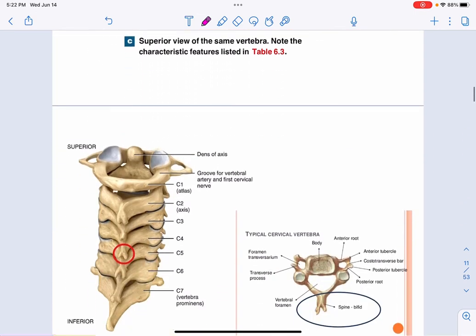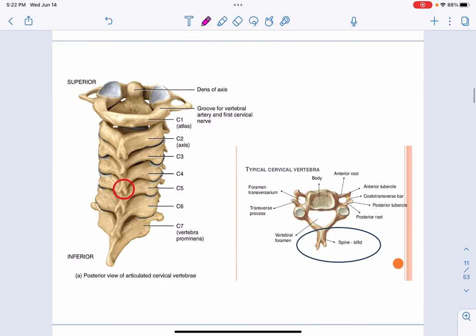This is a nice image showing you all of the cervical vertebrae stacked on top of each other. You can see the differences between them, C1 and C2 all the way down to C7. You can also note which cervical vertebrae have the bifid process and which do not. One more thing I want to point out, and I'm going to highlight this, is C7.